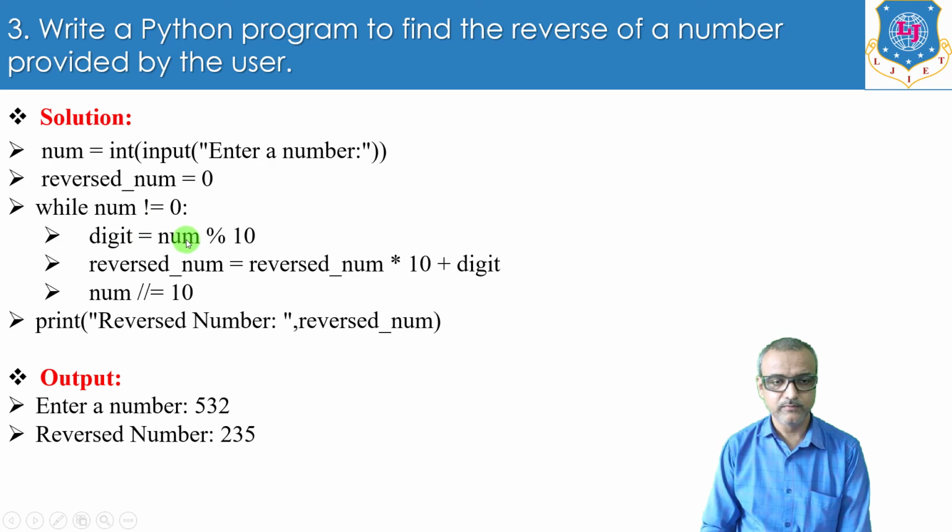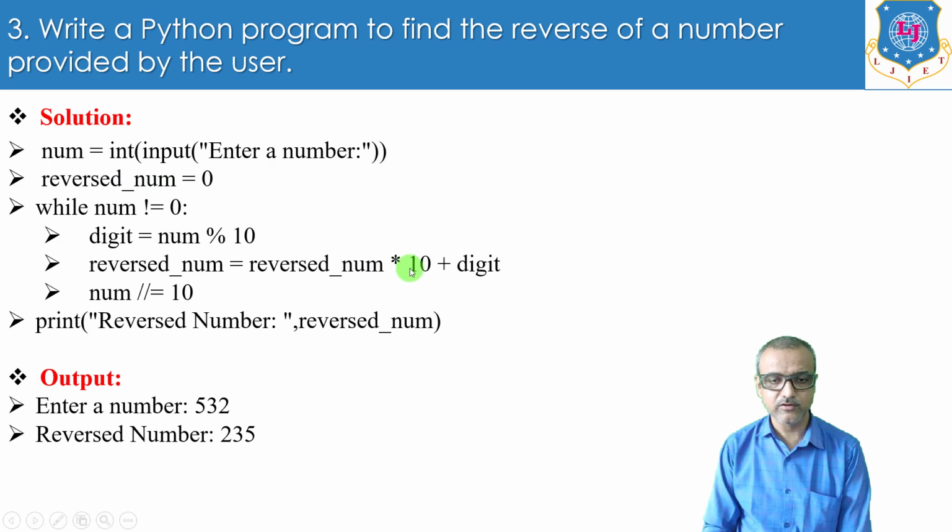Now 532 modular division 10 will give you the remainder, that is 2 in this case. So in digit, 2 will be stored. Now we are taking reverse_num equals reverse_num multiplied by 10 plus digit. Initially reverse_num's value is 0.